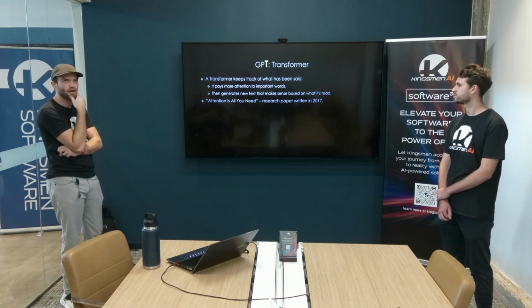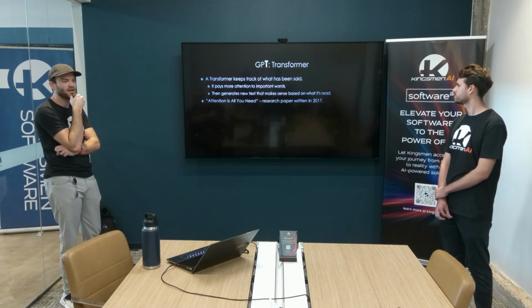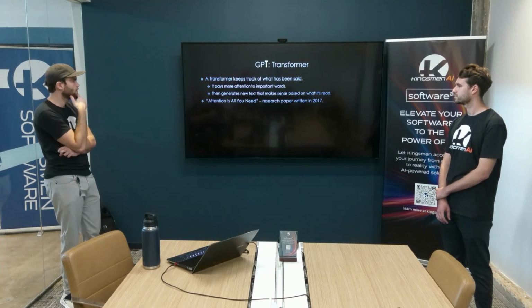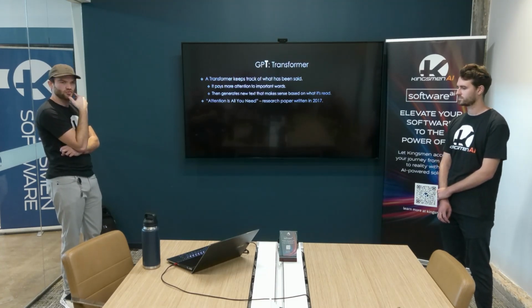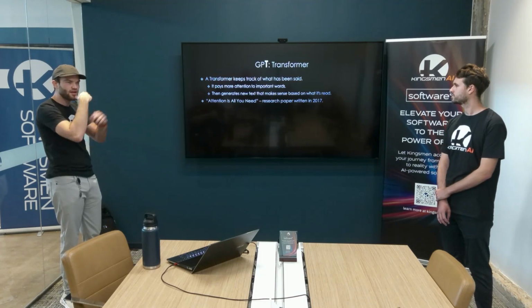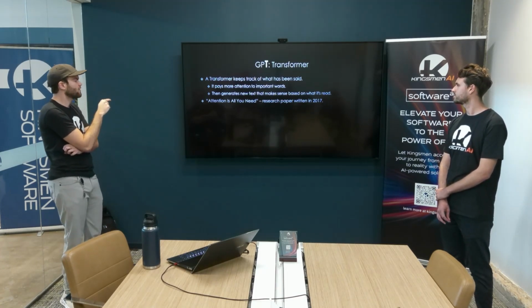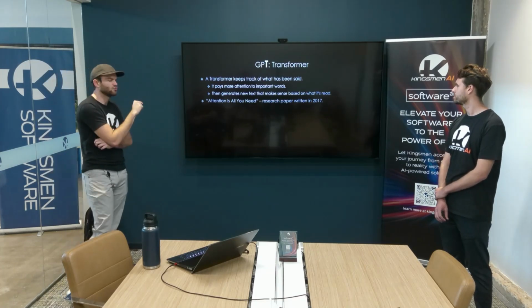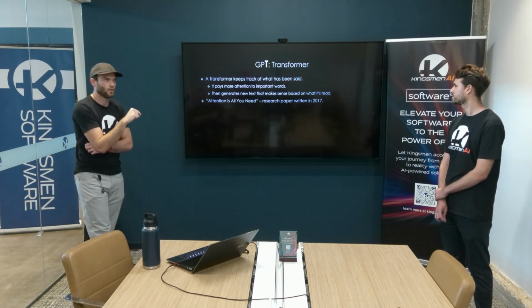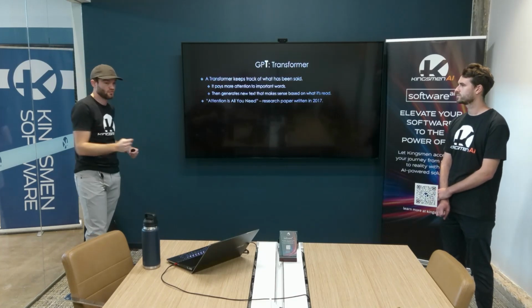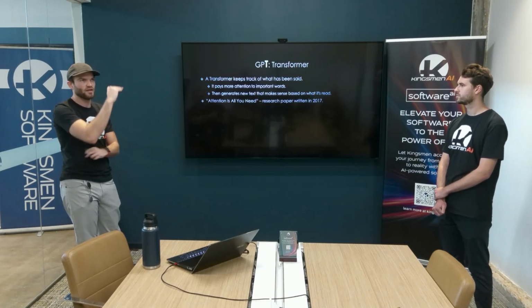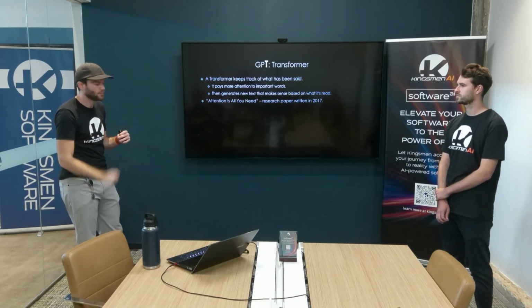That was a research paper written back in 2017, and that is where the transformer was initially conceptualized. The problem that this paper was trying to solve was that older chatbots, or chatbots that didn't have transformers, were having issues keeping track of what has been said.